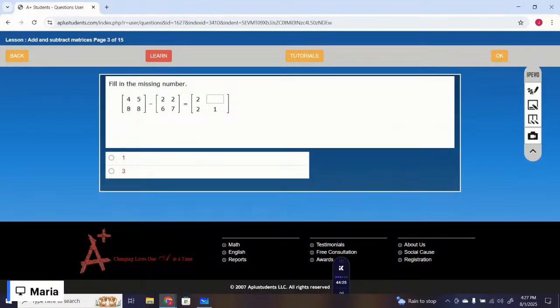Okay, the next one is fill in the missing number. 5 minus 2 is 3. Option number 2 is the correct option.